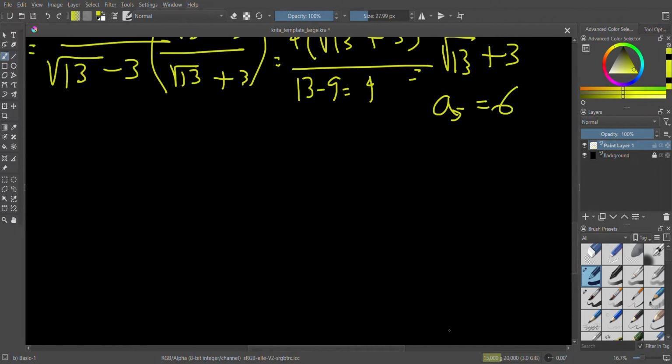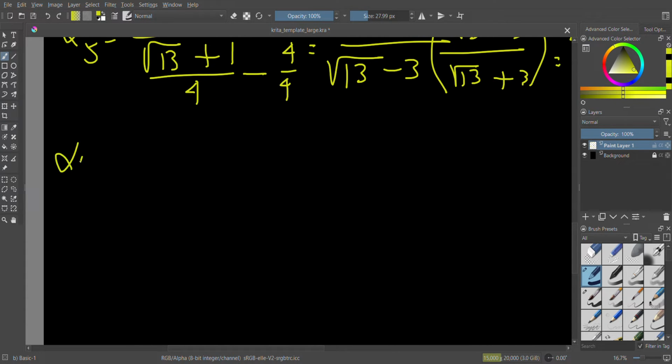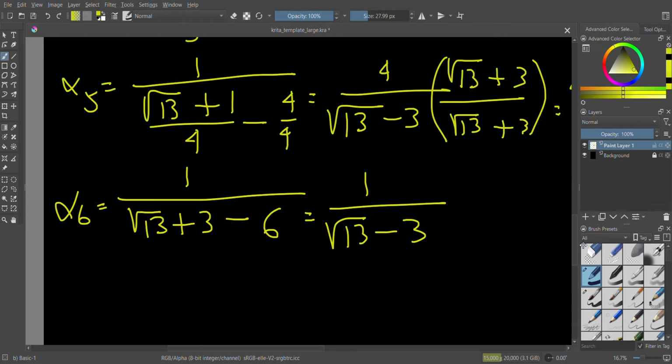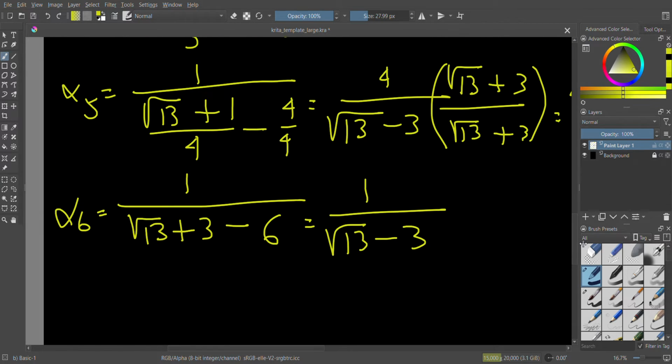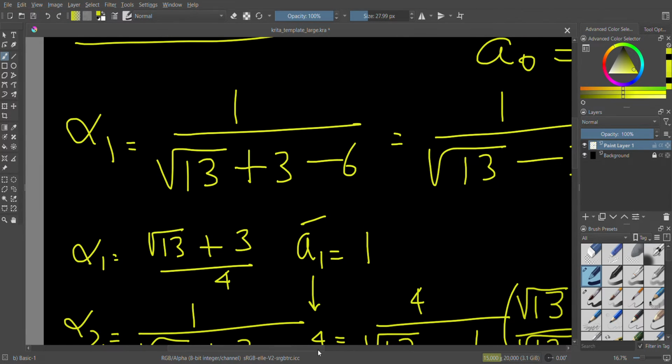Okay, so now let's calculate alpha sub 6. We said alpha sub 5 was pretty big, and then we said it was 6, the A5. So this is 1 over square root of 13 minus 3. And if we go back to alpha sub 1, 1 over square root of 13 minus 3 is alpha sub 1.